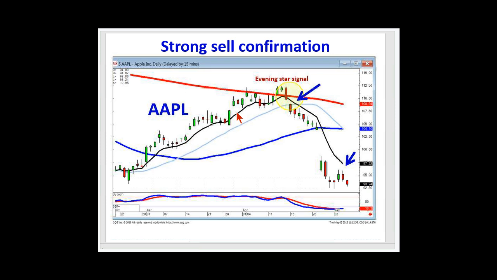That's why it works very effectively for us, because we can see where the natural support and resistance level of human nature is, and then what type of signals occur when it gets there.